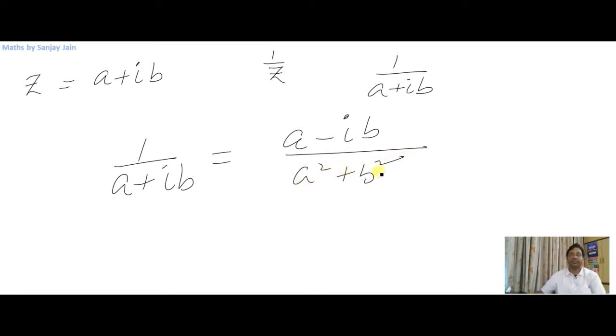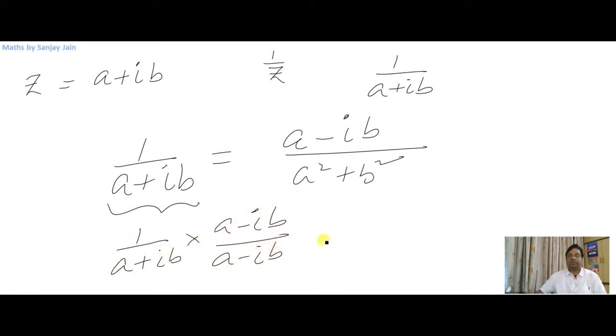This is what we discussed, right? Or you can discuss it here also, if you write 1 upon a plus iota b, what is it equal to? It can be written like this. So I can multiply and divide it with the same complex number.